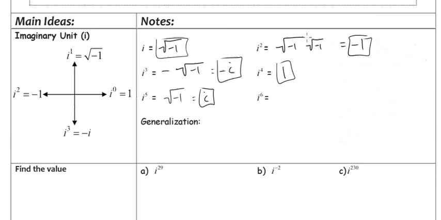And i to the 6th moves on to the second part of the cycle, so it's going to be -1.